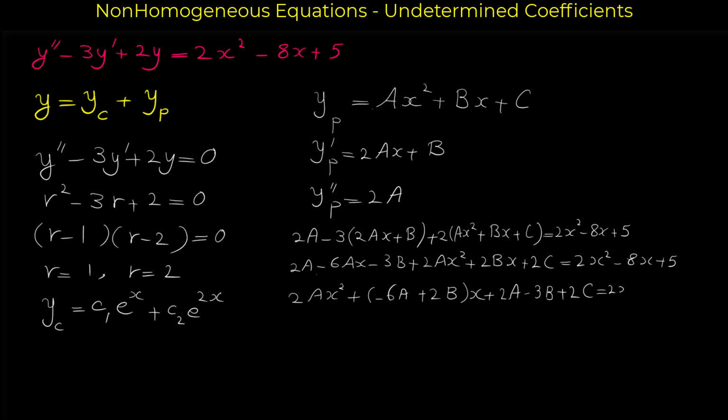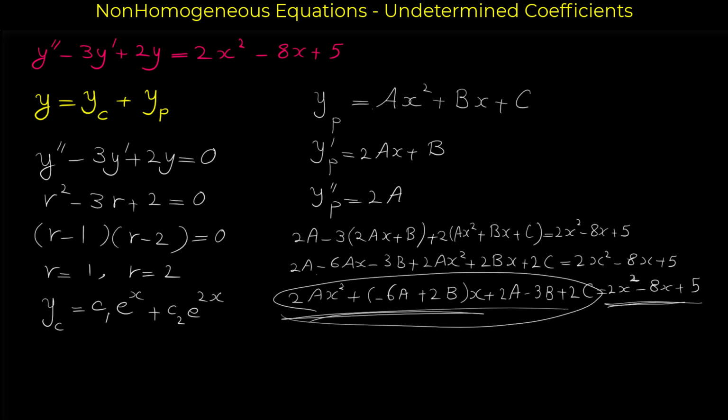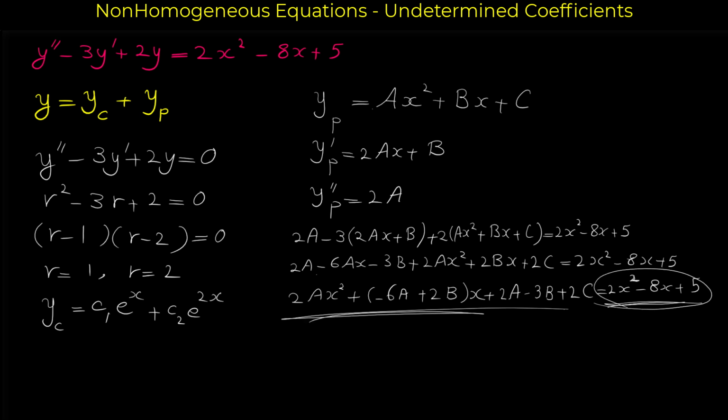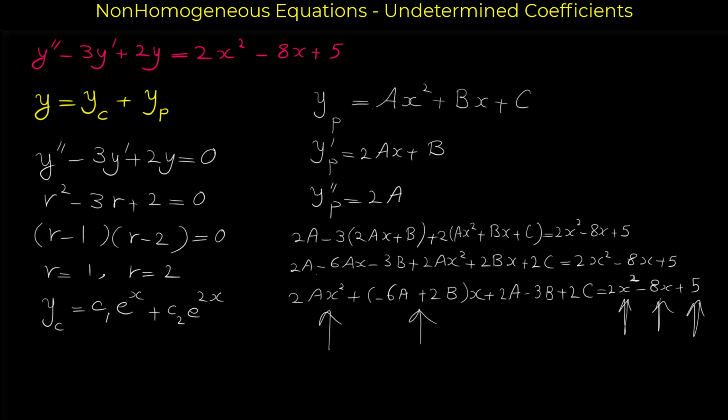And this equals again 2x squared minus 8x plus 5. Now, if you look at the right side and the left side, because we want this expression to be equal to this expression, the coefficient of every term on the right should be equal to the coefficient of the corresponding term on the left.